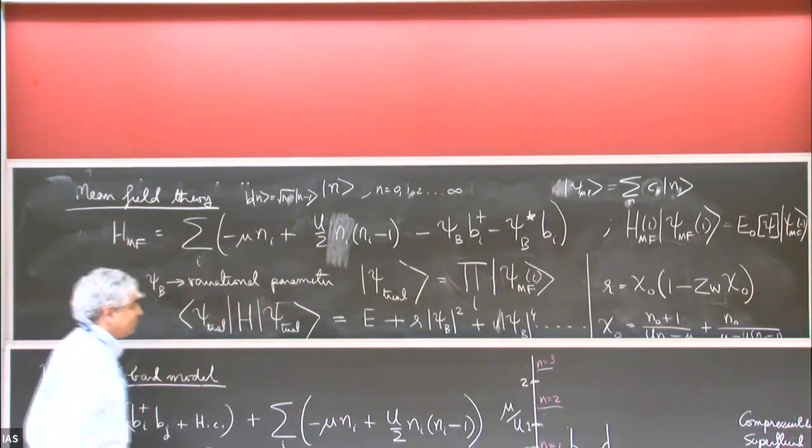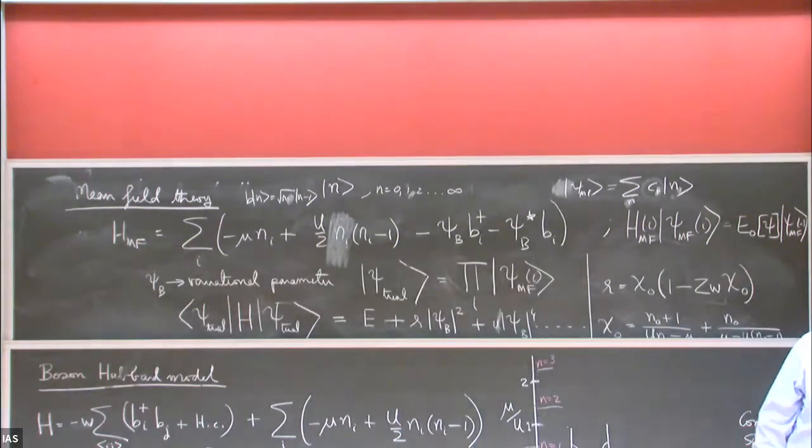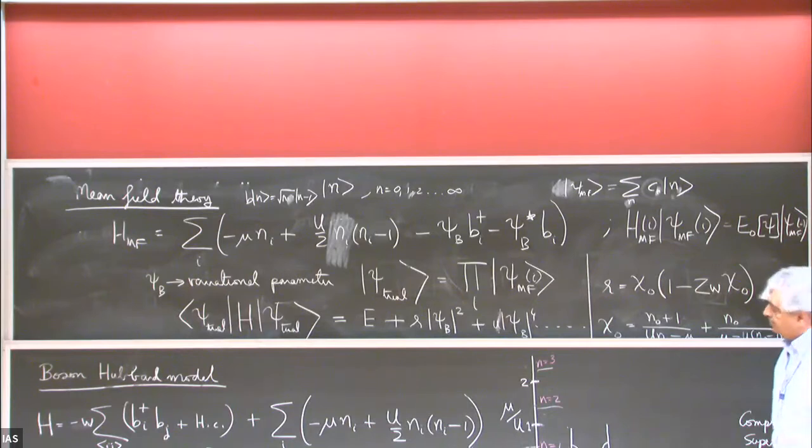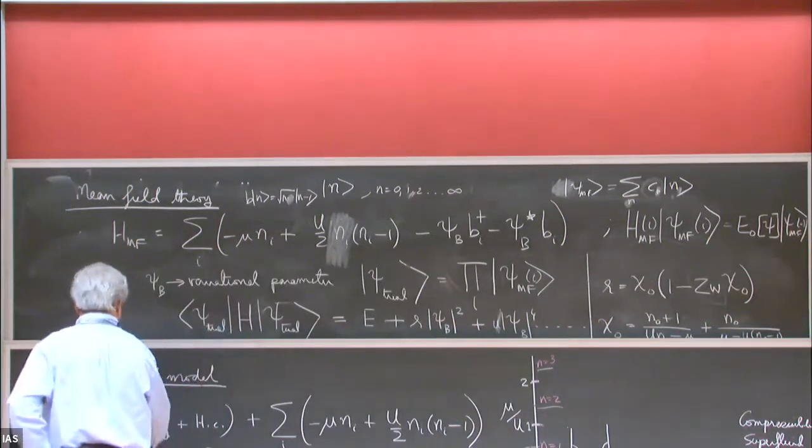Hello. Yeah, so my question is, is the mean field Hamiltonian that you have written based on some guiding principle, or could there be other forms? Yeah, we'll talk about that. It's one of factorization.